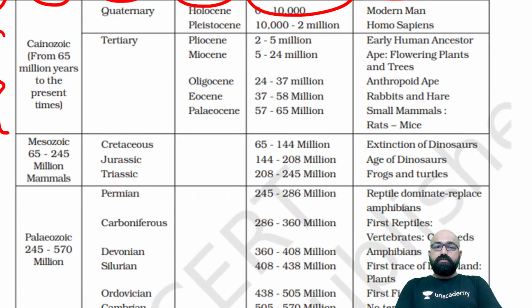Then periods of Triassic, Jurassic, Cretaceous, with the years like 208 to 245 million years, 144 to 208 million years, and 65 to 144 million years, where the life events like frogs and turtles, age of dinosaurs, and extinction of dinosaurs are observed in this period.